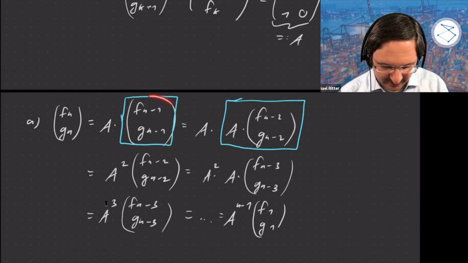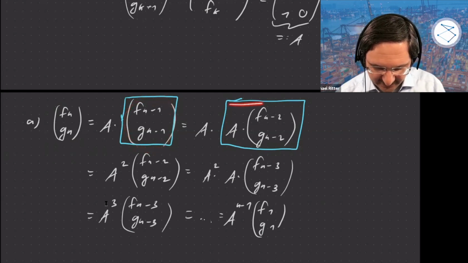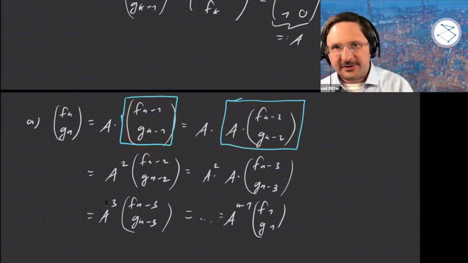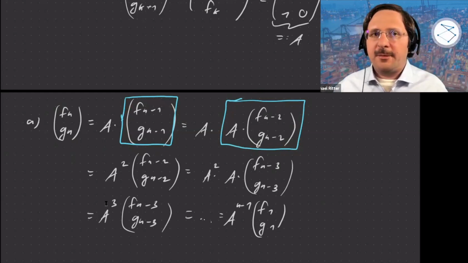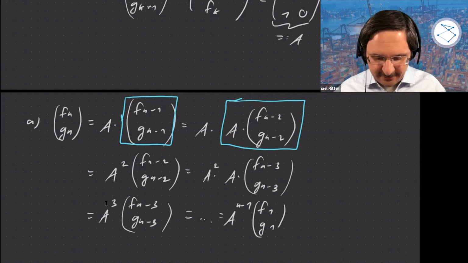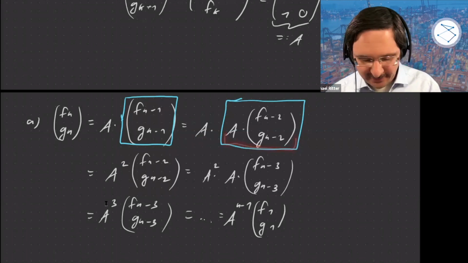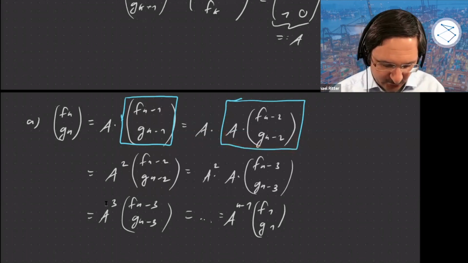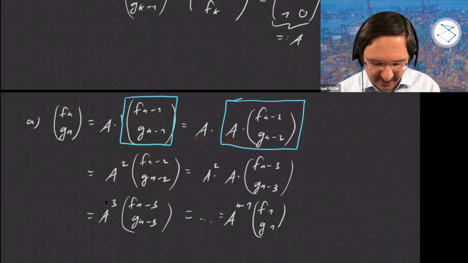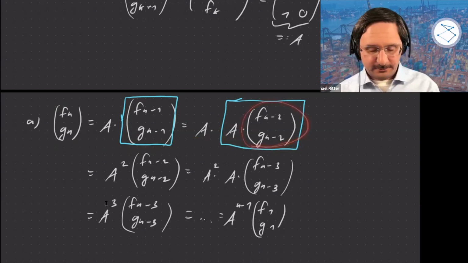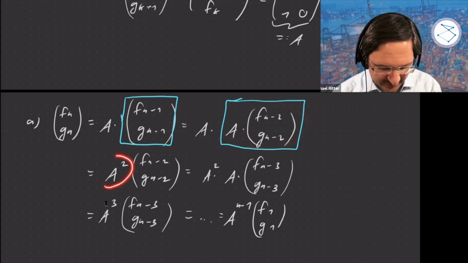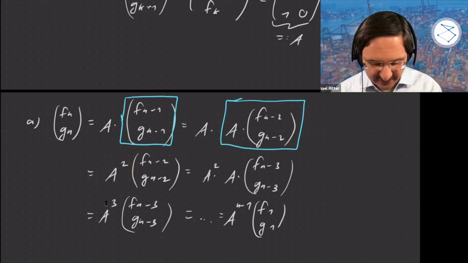So the recursion formula applied to that vector yields this result here. And again, matrix and matrix-vector multiplication is associative. So instead of multiplying A with that blue thing here, I could as well multiply A by A and then multiply the result by the vector. So that's what I do here: I have A squared times this vector.